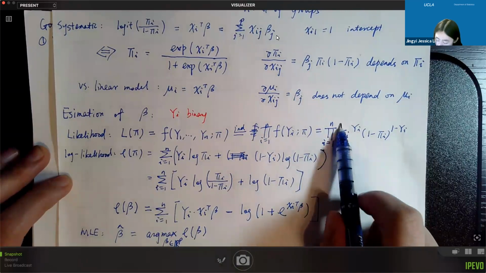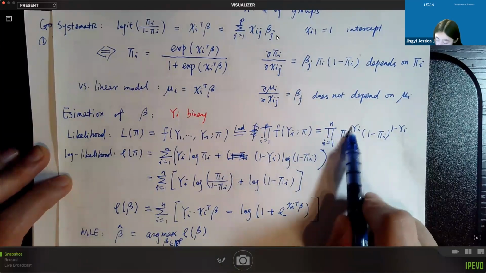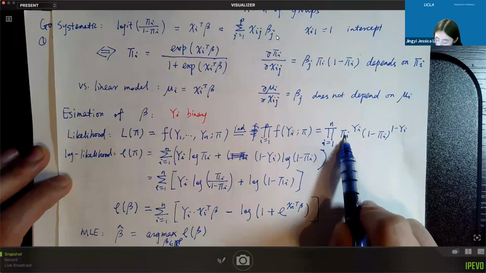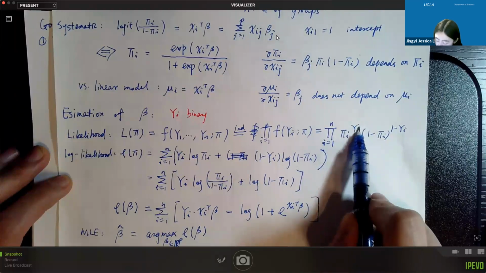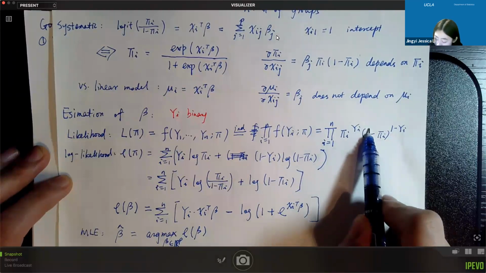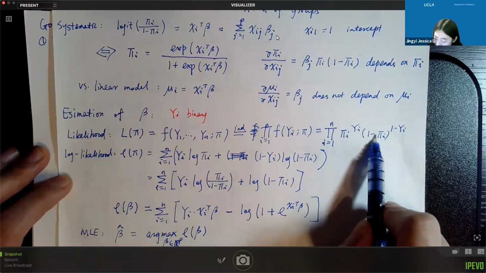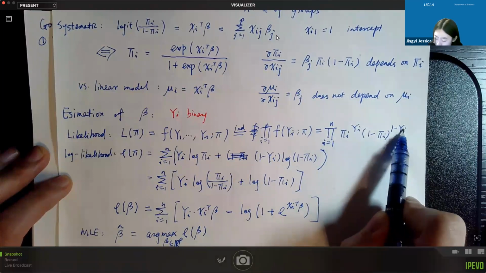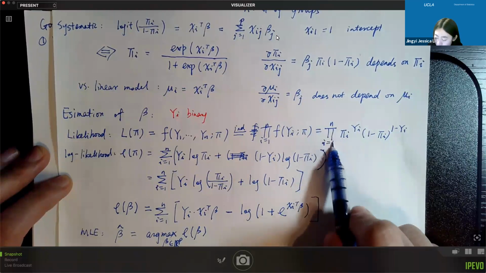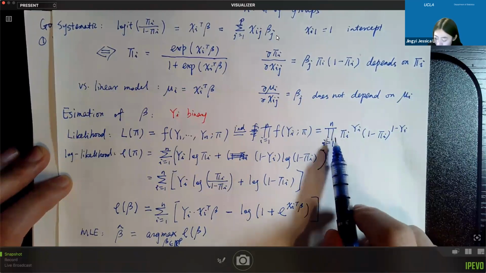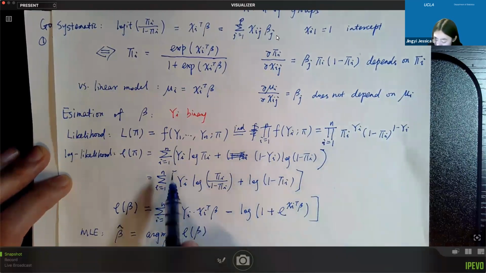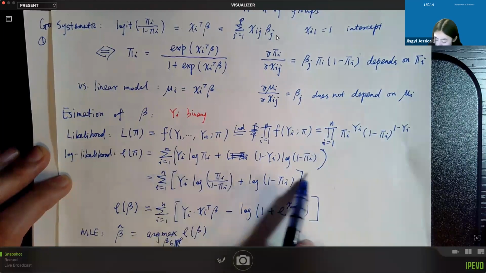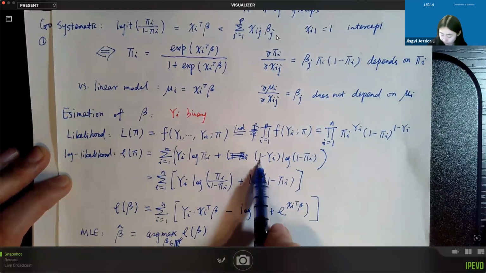We have ni choose yi times pi i to the power yi times 1 minus pi i to the power ni minus yi. But that combinatorics number can go away because it has nothing to do with pi i. So we stay with this formula, but change this 1 to ni.